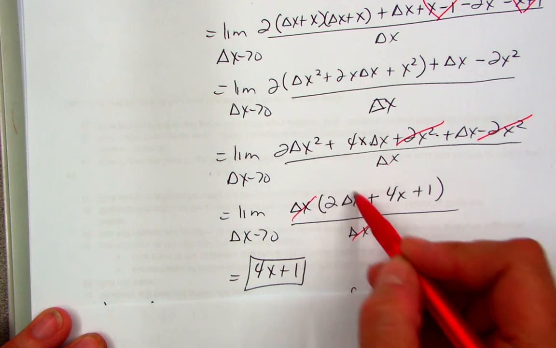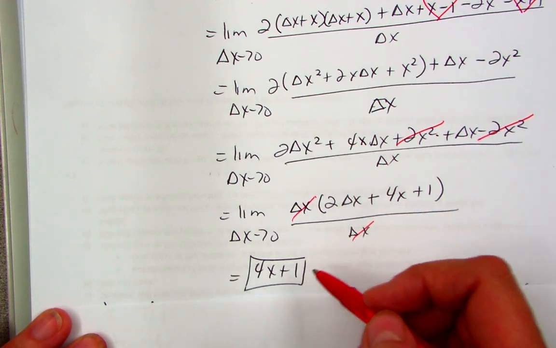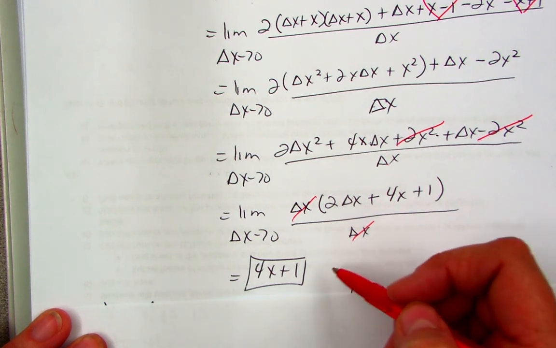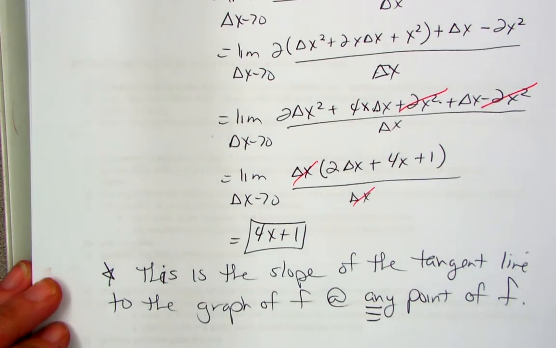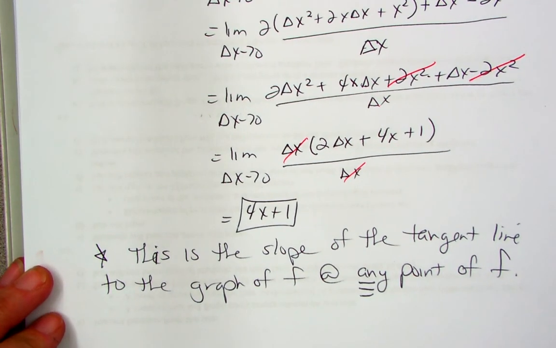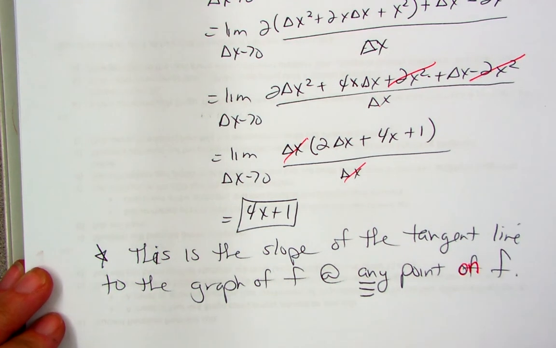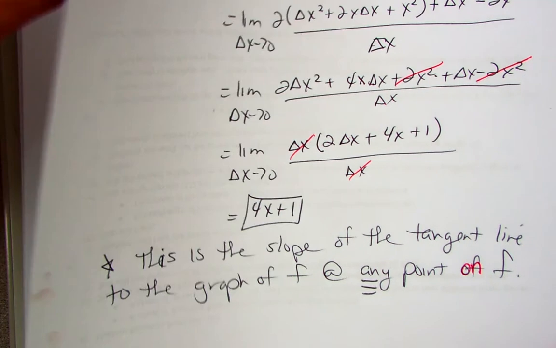So 2 times 0 is 0. I'm just left with 4x plus 1. This is the slope of the tangent line to the graph of f at any point on f. And that is it. Thank you.